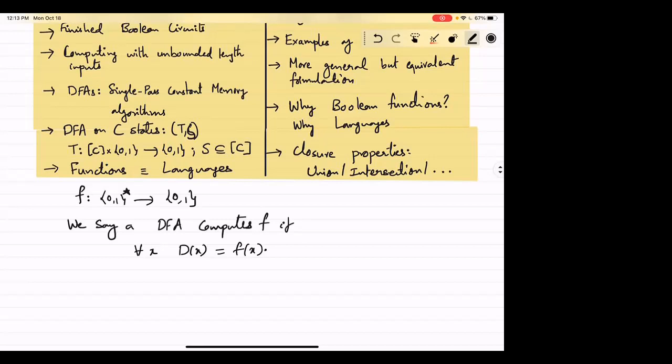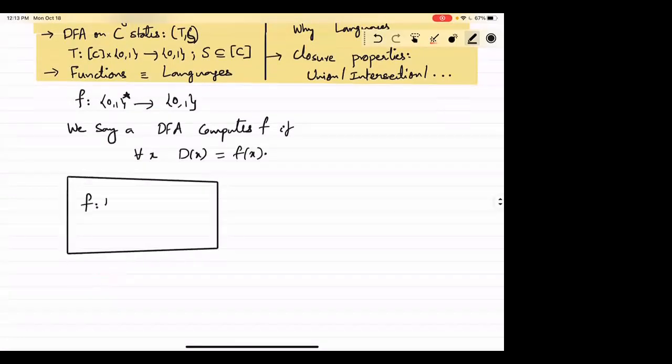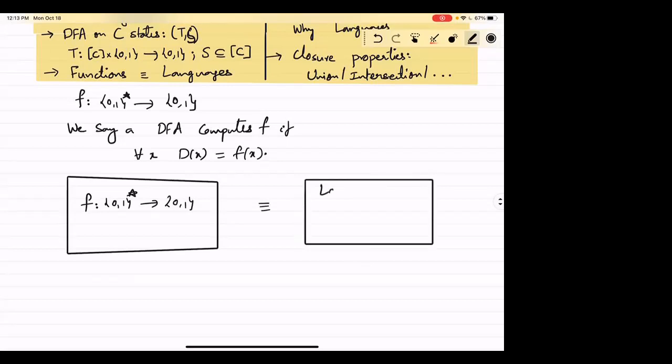So let's now investigate the power of this computation model. What can they actually compute and, more importantly, what can they not compute? And as a matter of terminology, functions which output a single bit are really equivalent to languages.